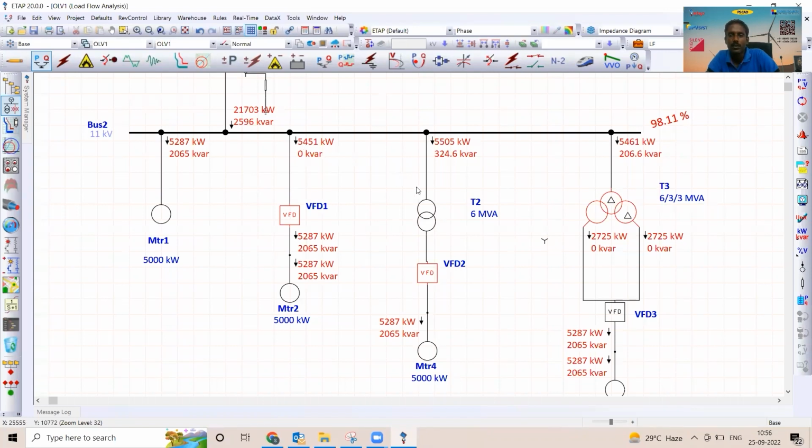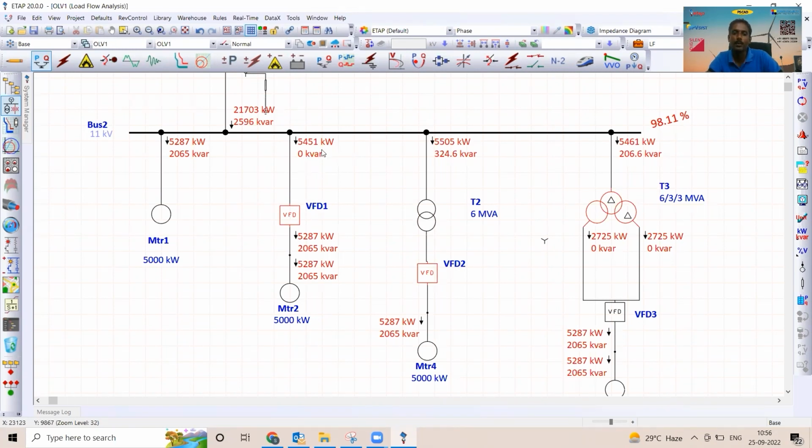Going for the variable frequency drive with the transformer further increases the losses. Of course, there is a reduction in the reactive power consumption, because of technologies available in the variable frequency drive which keep the input power factor as close to 1 or 0.99. Please refer to the data sheet of the latest variable frequency drives.